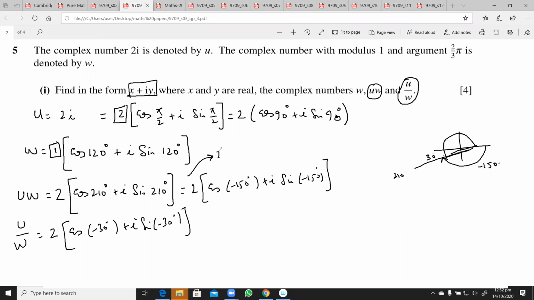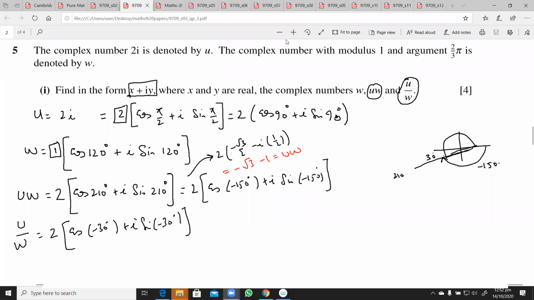Okay, so this is 2 into minus root 3 over 2, and minus i half. So this is going to be minus root 3 minus i. That is your uw in the required form.